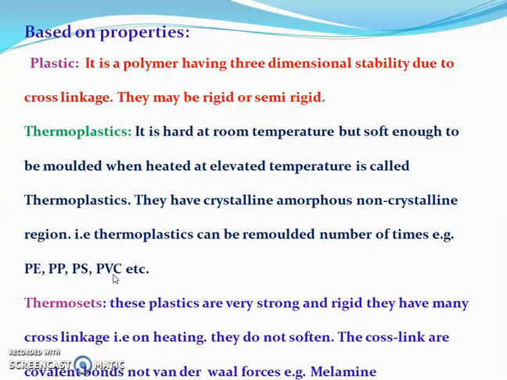The cross-linkages are covalent bonds, not weak forces, so mobility decreases. For example, melamine resin is a polymer of melamine prepared with formaldehyde. This is a thermosetting plastic, permanently set into a solid during its formation.